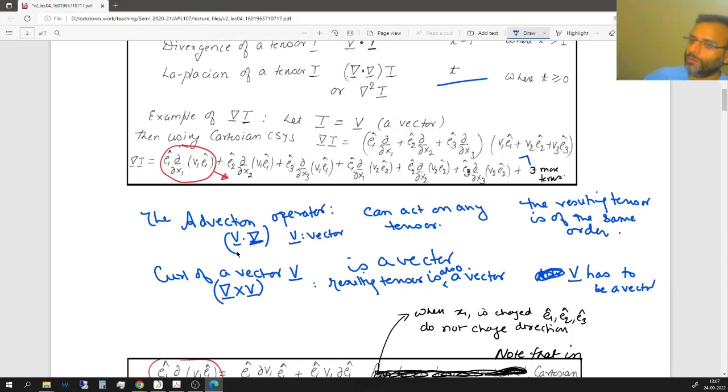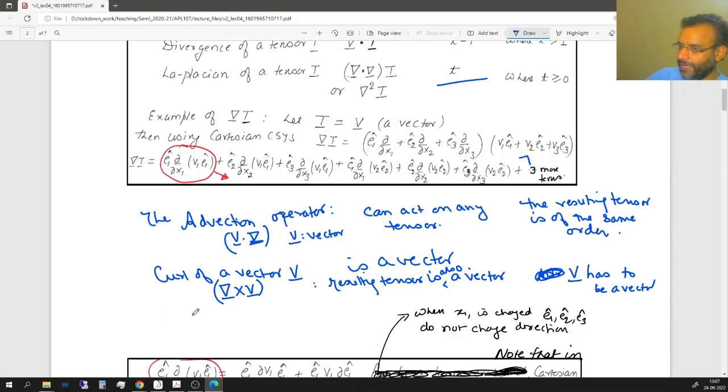Then it becomes another operator, which we call the advection operator, and this operator can act on any other tensor. When it acts on any other tensor, the resulting tensor will have the same order as the original tensor.